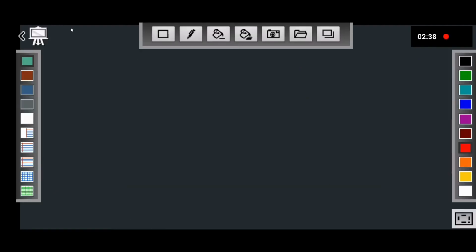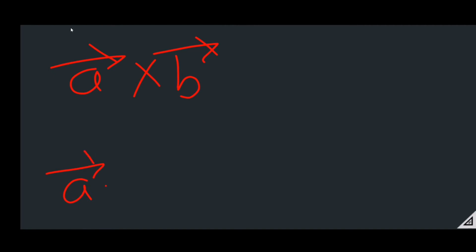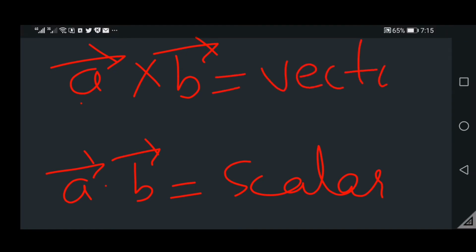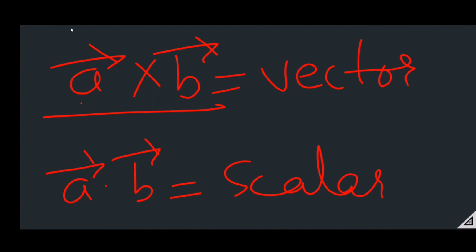The result of the cross product of A vector and B vector is also a vector. In the dot product I have said A vector dot B vector is a scalar. It does not have direction, but A vector into B vector, the cross product, is also a vector.